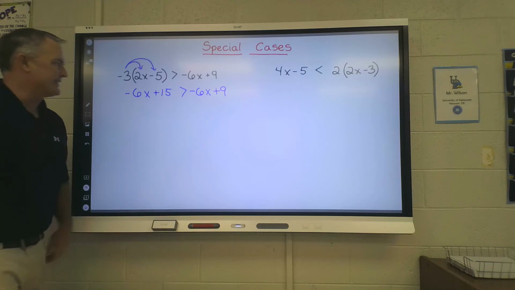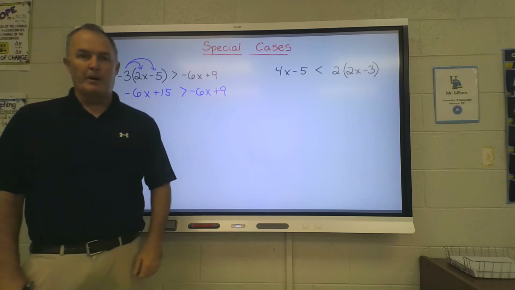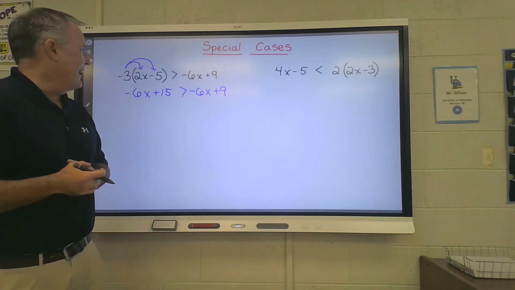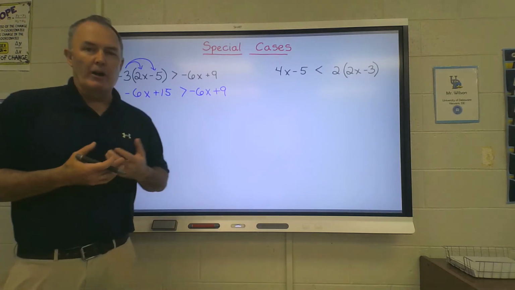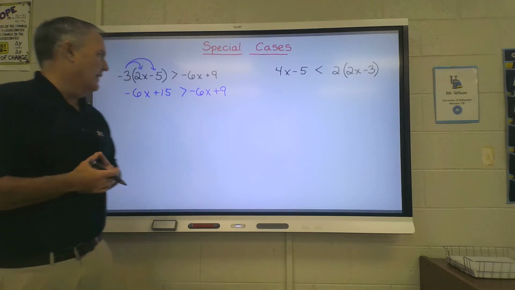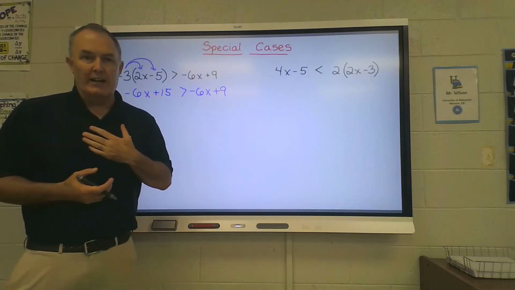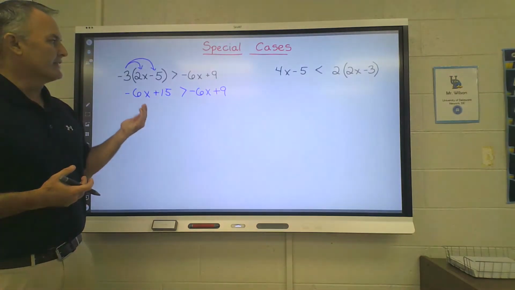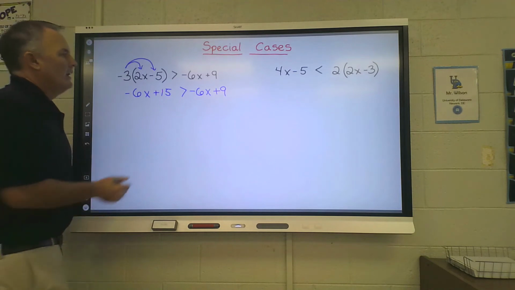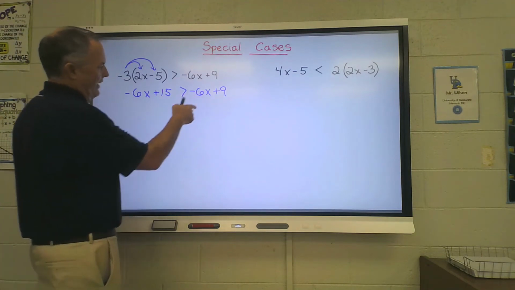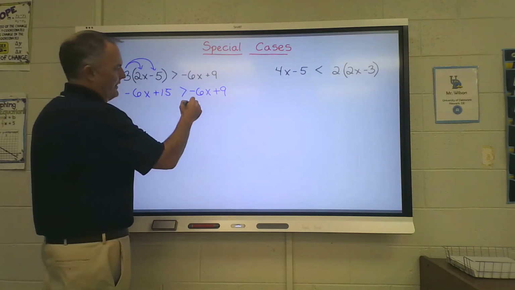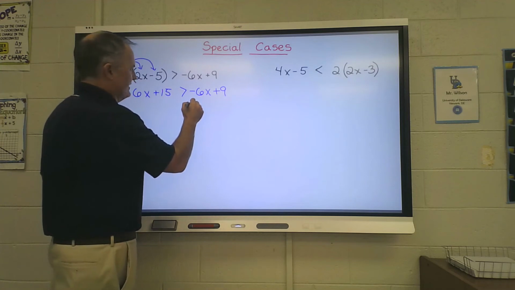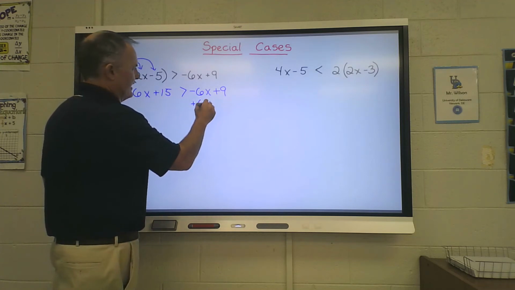I can't do anything with the right side, but I was able to fix the left side up a little bit. All right, so now we're going to move all the variables to one side, all the numbers to the other side. It doesn't matter which side you move them to. I personally like to move my variables to the left because I like my variable out in front. So the opposite of subtracting 6x would be to add 6x.